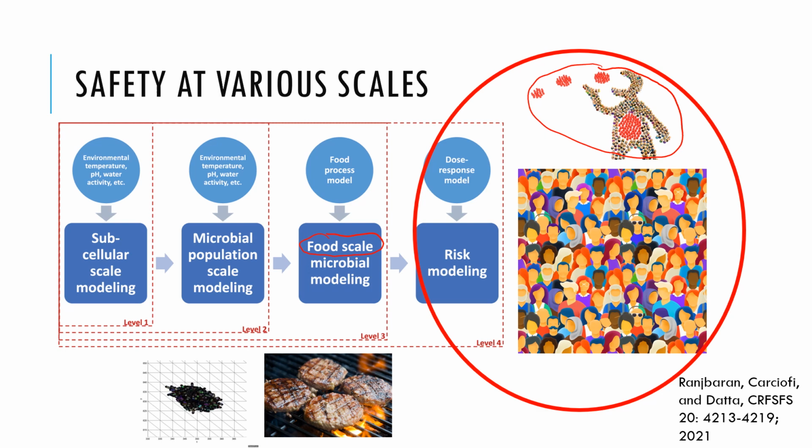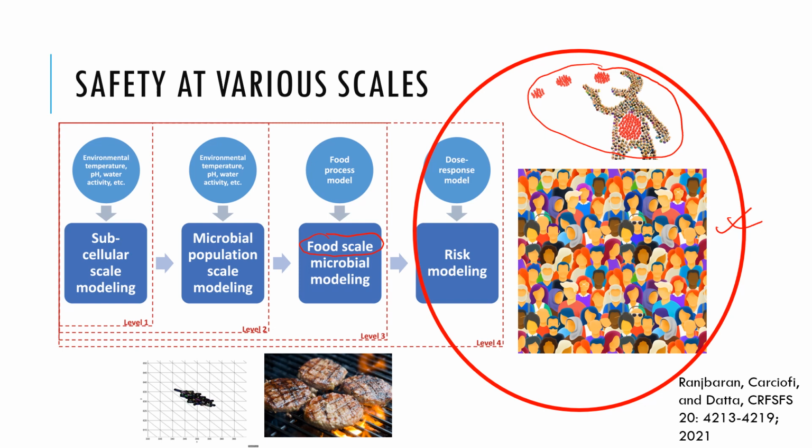So this is for one person, then we can scale it up to the entire population and find the probability of sickness for the entire population. So loosely speaking, what I just described at this higher scale is called risk analysis, and it can be thought of as food safety at the highest scale.